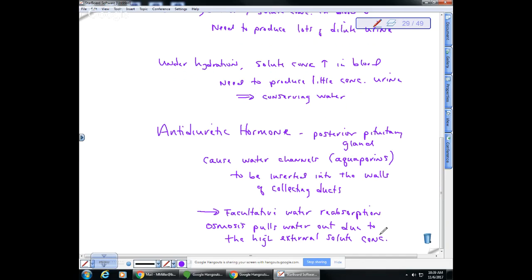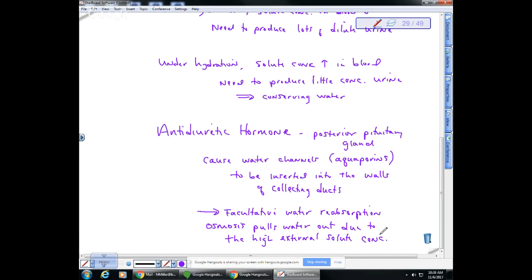So if you think about that word, what does diuresis mean? To produce lots of urine, right? So antidiuretic means that you are going to produce a little bit of urine and it's going to be highly concentrated. So an antidiuretic drug would help you retain water.